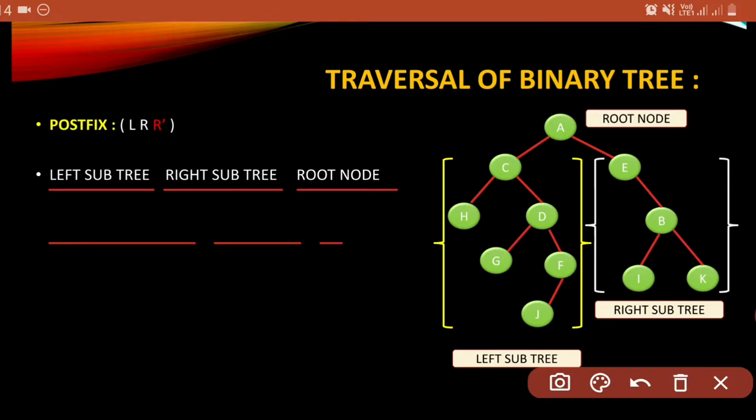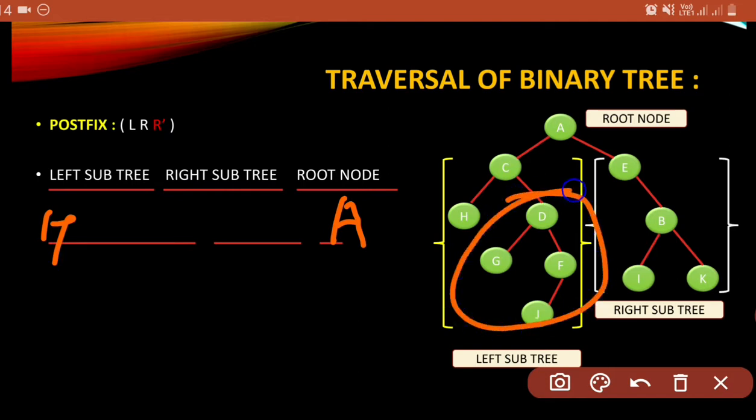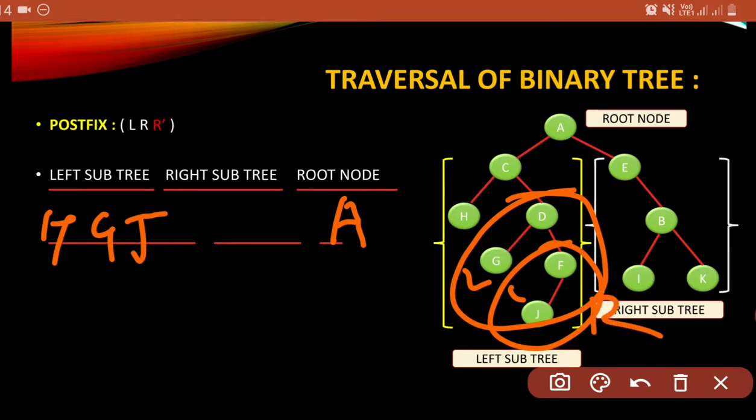Means if I'm writing, see, I'm writing A here, H is left, left, right. Right is a tree. Then again left, left is G, right is F J, but it is also a tree. Again we have to write left first, that is J. Left, right is not present, leave it.